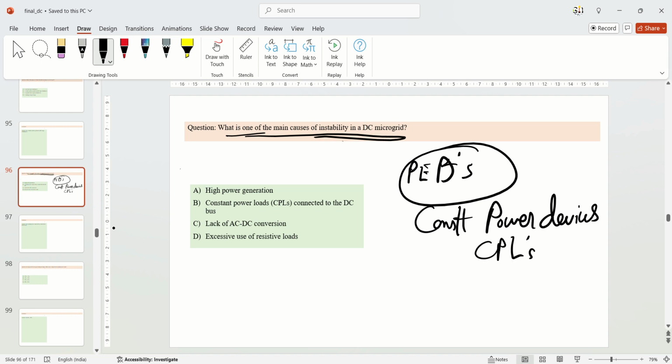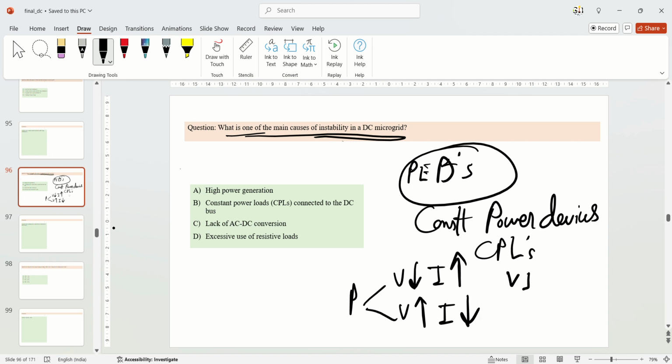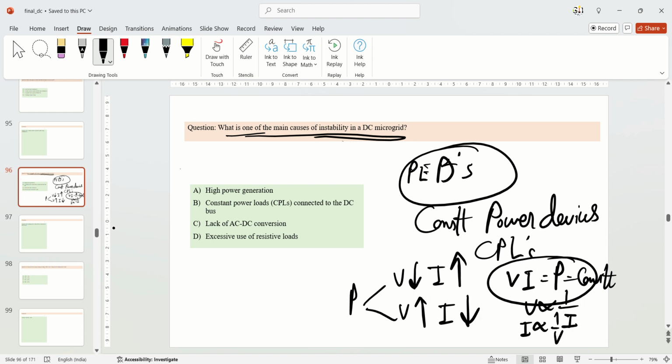In this scenario, if your power is constant and your voltage dips at a DC terminal, the current will increase, and if your voltage increases at the DC terminal, the current will drop. It means there is an inverse relation between V and I. Power is equal to VI, so if power is constant, V is inversely proportional to the current, or current is inversely proportional to the voltage.